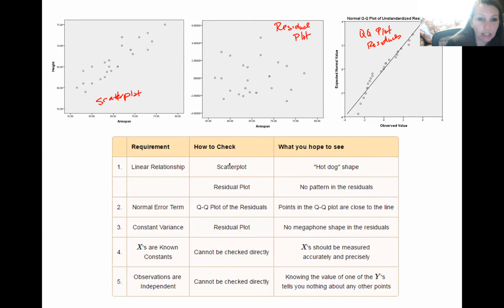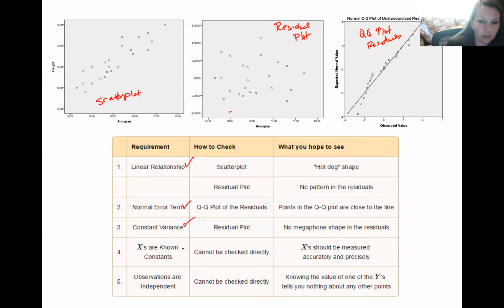Linear relationship: we look at the scatter plot, yes, it looks linear. We look at the residual plot, we don't see any patterns, so check. Normal error term: we look at a QQ plot of the residuals, see that they fall mostly on a straight line, so we say check. Constant variance: we look back at this residual plot again. We want to make sure there's no megaphone shape going on in there, which I don't see, so check.